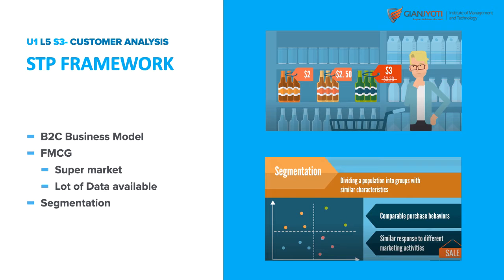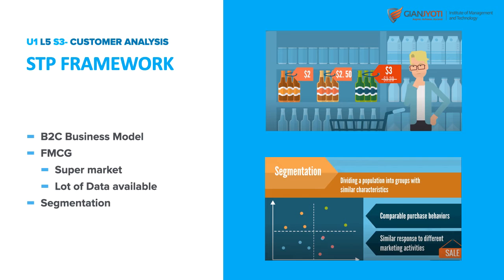Either we compare their purchase behaviors. Maybe a certain segment of people have one set of behavior, so we put that as one segment. Or we look at the parameter wherein a certain segment is responding in a similar fashion to our marketing activities.